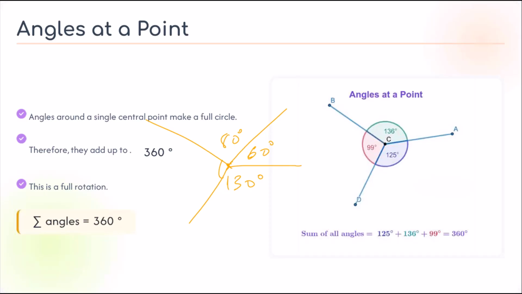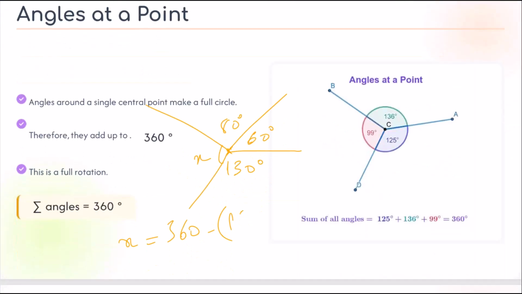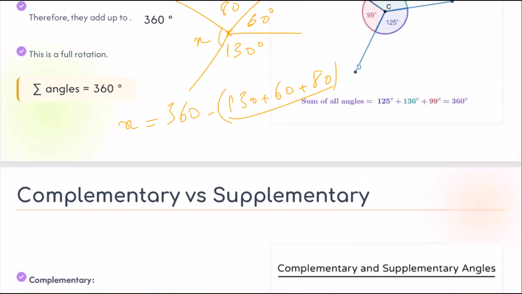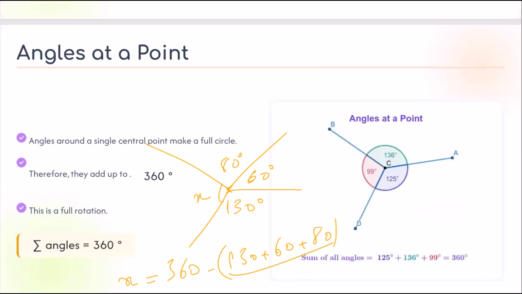And I am looking for this angle. So all you need to do is X equals 360 minus the sum of the remaining angles, which is 130 plus 60 plus 80. You calculate the sum of the three angles here, and you subtract the result from 360, and you will come up with the measure of the angle X.